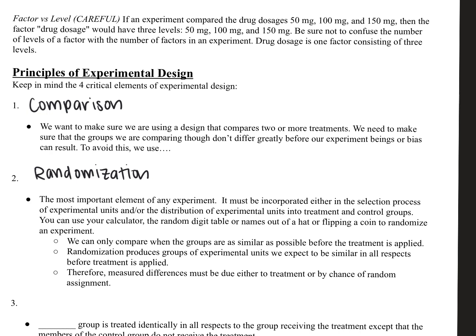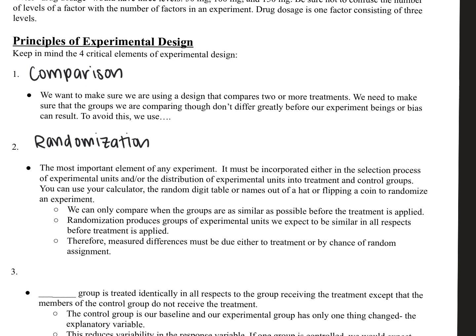That's where you're going to see how the treatments affected them. So randomization then would produce groups of experimental units that we expect to be similar in all respects before the treatment is applied. And that way, any measured differences can be due either to our treatment or by a chance of random assignment. It's not based on what group they were assigned to.